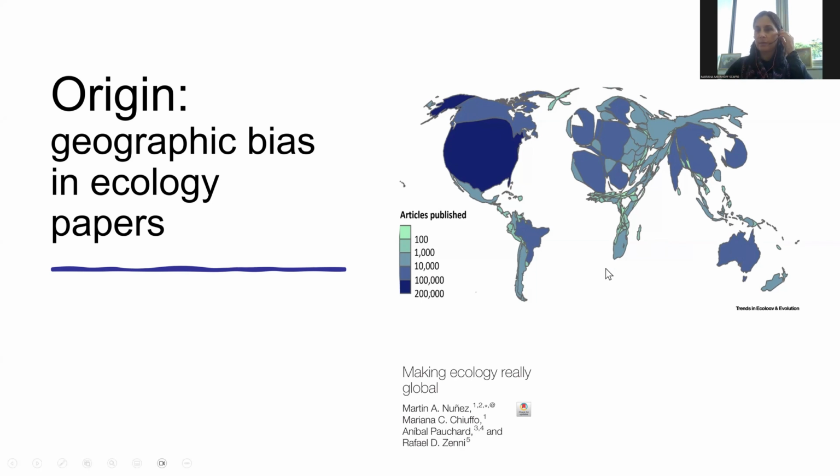So this is what is often called the global north versus the global south situation, based on all these factors that I was mentioning before, which are affecting the productivity of researchers in all these regions of the world.